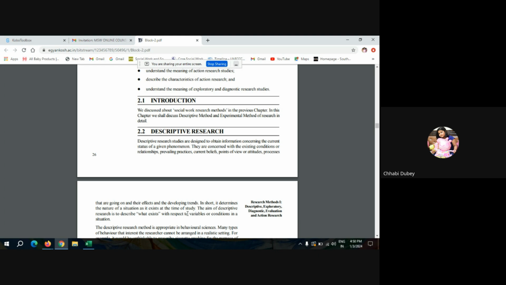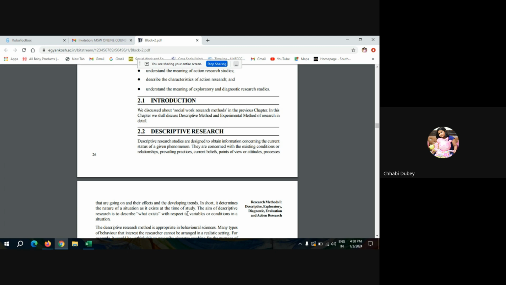If we take any kind of social phenomenon, say maybe we are talking about migration, or about domestic violence, a descriptive research study will just describe the current status of the given phenomenon.